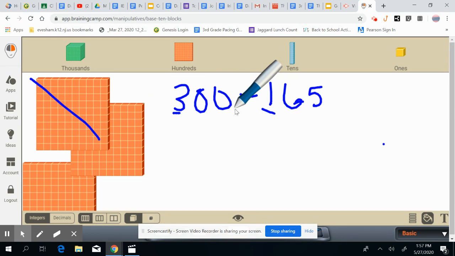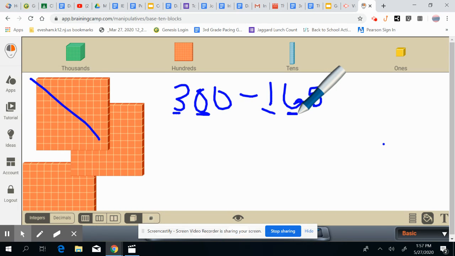Now I go to my tens. I have 0 tens, bigger number first, and I have to subtract 6. If I have no tens, how can I subtract 6? I can't. I have to regroup. The only thing I have are hundreds, right?